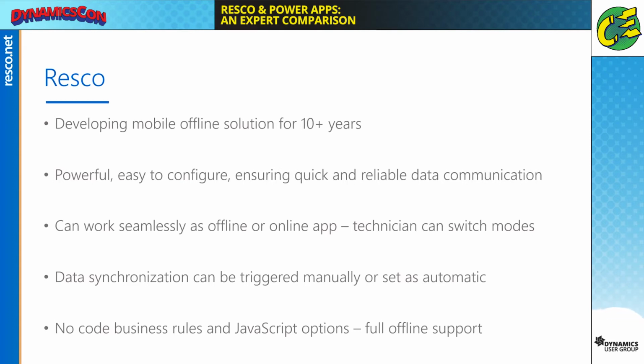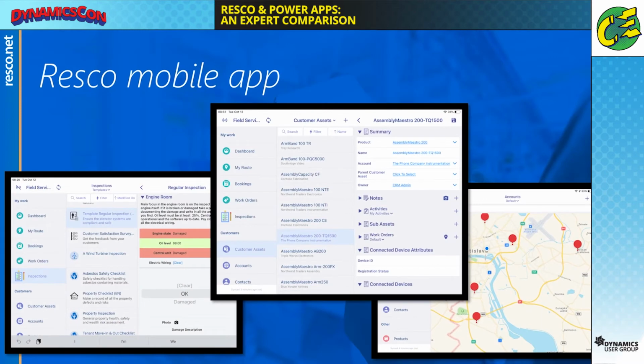Resco also offers a wide range of business logic options that you can implement within the mobile application. This includes no-code business rules, but also JavaScript options, and both are fully supported offline. These are a few screenshots from the Resco mobile application.